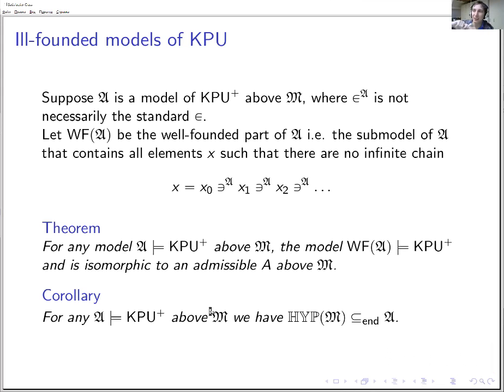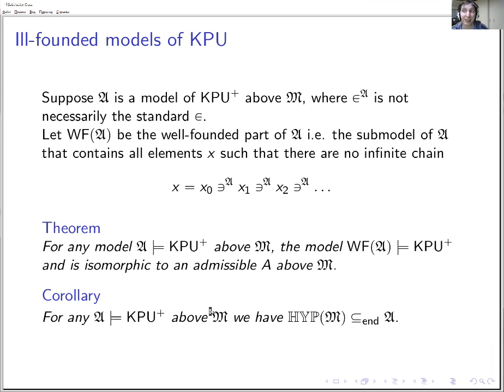So now basically, if you have this sigma one collection function, basically it will mean that you will have this sigma one function. So the corresponding functions on ranks will be unbounded in the well-founded part.